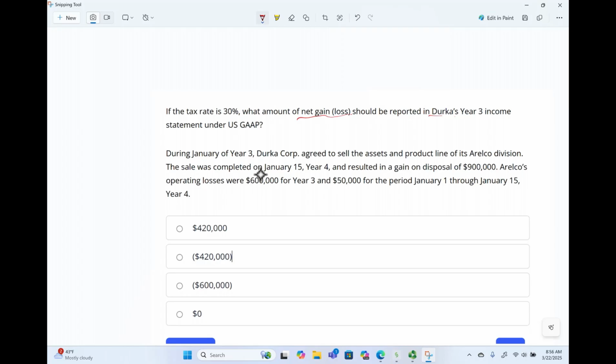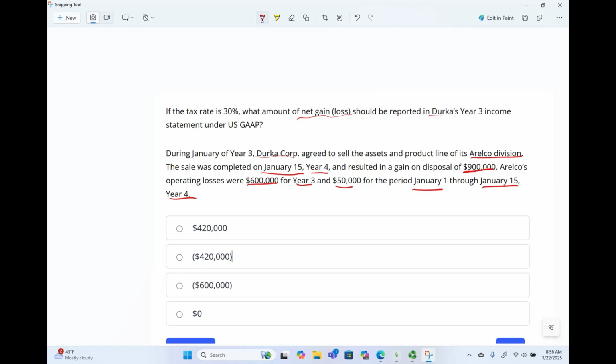During year 3, the company agreed to sell the assets and product line of its Arleco division. The sale completed January 15th, year 4, and resulted in a gain on disposal of $900,000. Arleco's operating losses were $600,000 for year 3 and $50,000 for the period January 1st through January 15th, year 4.